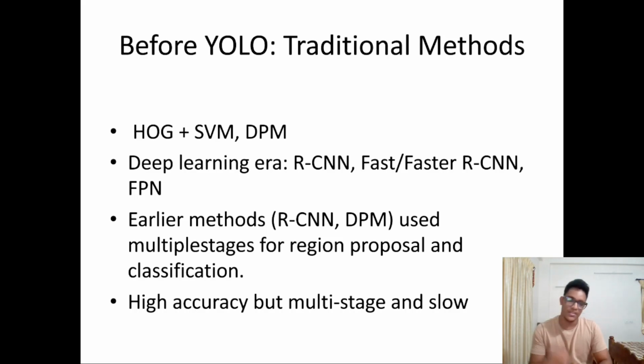So these methods produce highly accurate results, but each of them takes a lot of time because it involves multiple stages just for computing the output. That is, it takes multiple segments of that image, detects whether there's an object, and classifies it. And overall, the process is very slow.